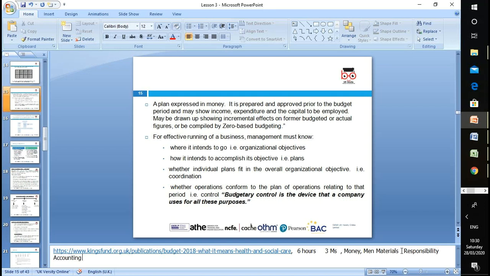You are always given the budget, yes? You've been given the task, and you will be responsible against this budget, yes? So that's called responsibility accounting. So your performance related pay and all other things will be calculated based on this. You've been given budget, you've been given responsibility, and you will be accountable against it.